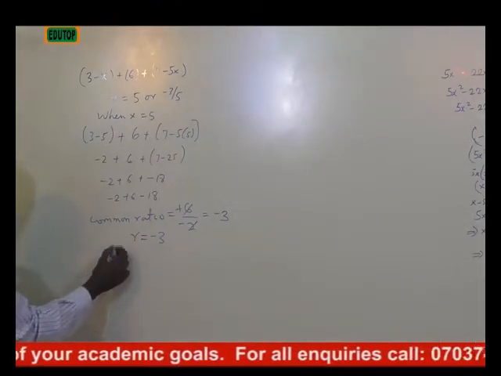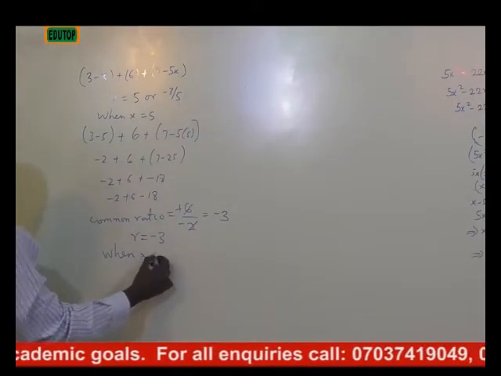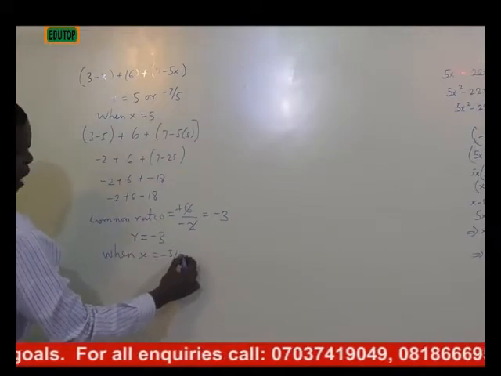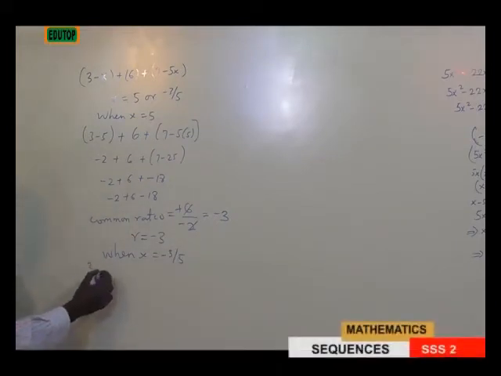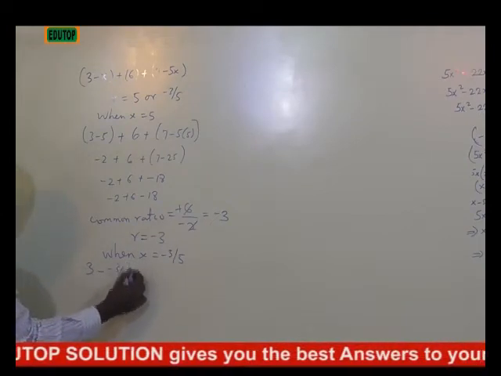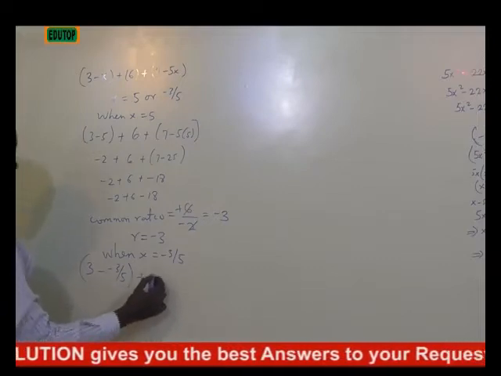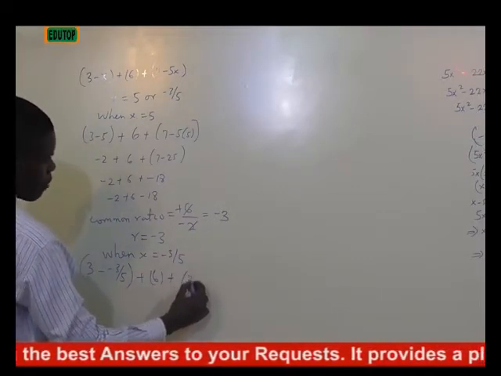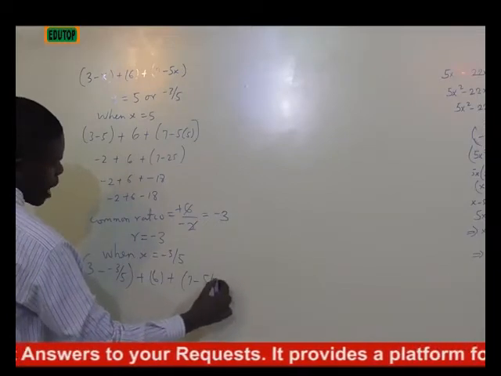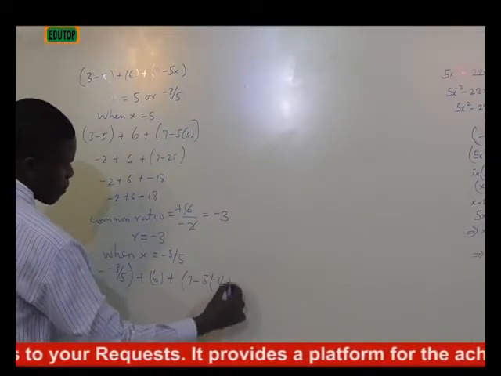For the case when x is minus 3 over 5, then we have 3 into minus 3 over 5 for the first case, plus 6, then plus 7 minus 5 into minus 3 over 5.